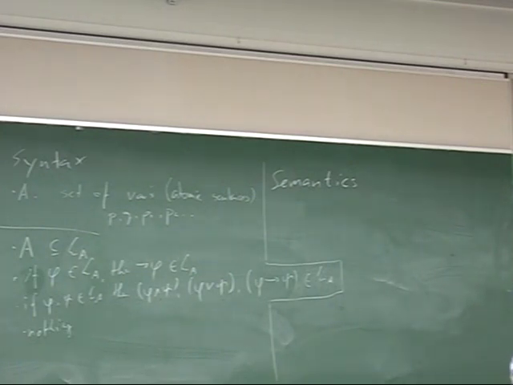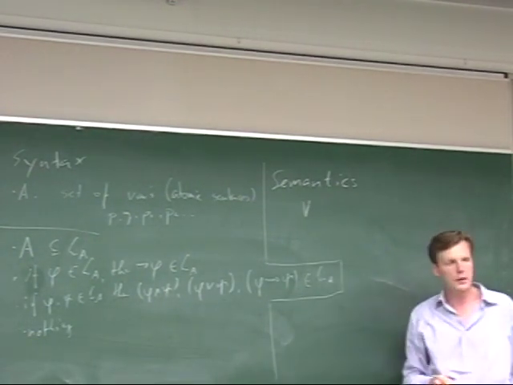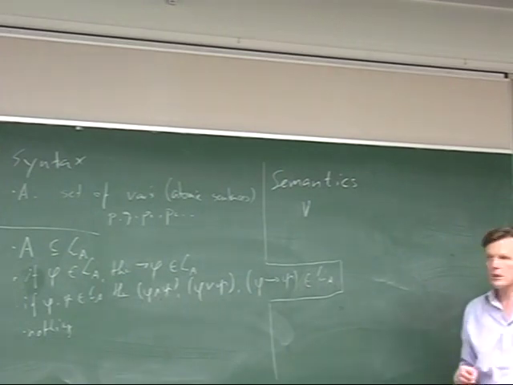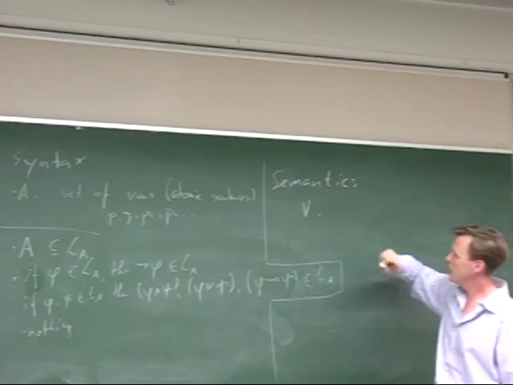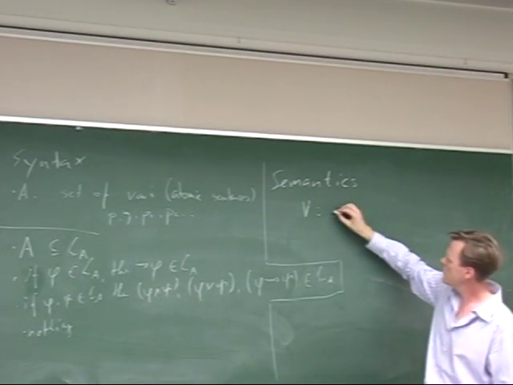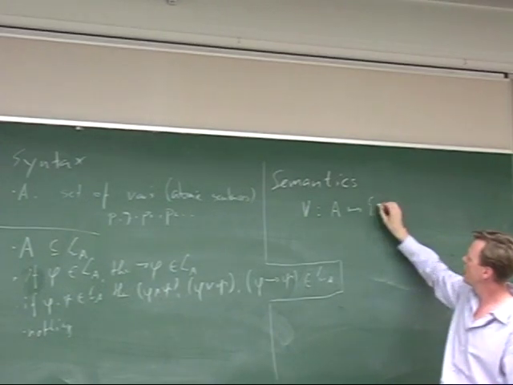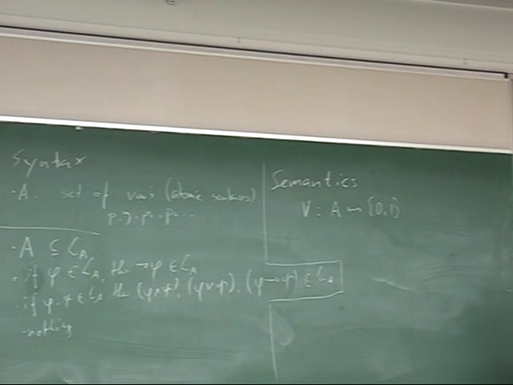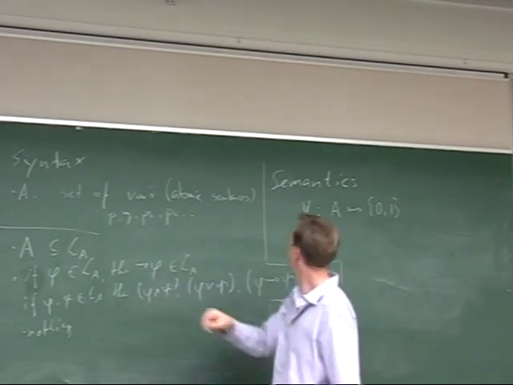But it is a function v for valuation or truth assignment, which we start, say, by assigning truth values to the atomic sentences. That is, we go from this set A and assign values 0 or 1, false or true, to each of the atomic sentences, right?